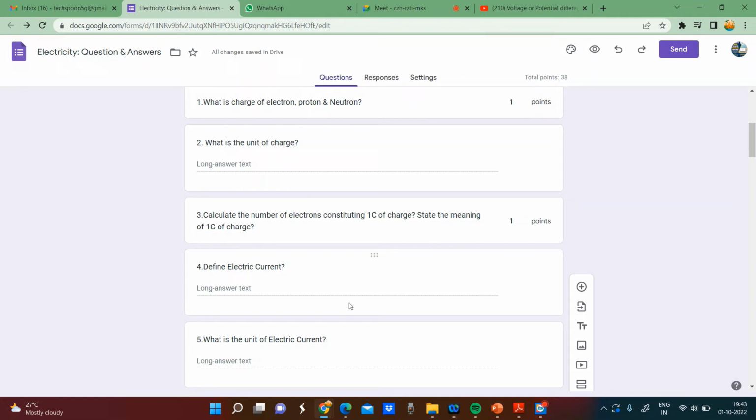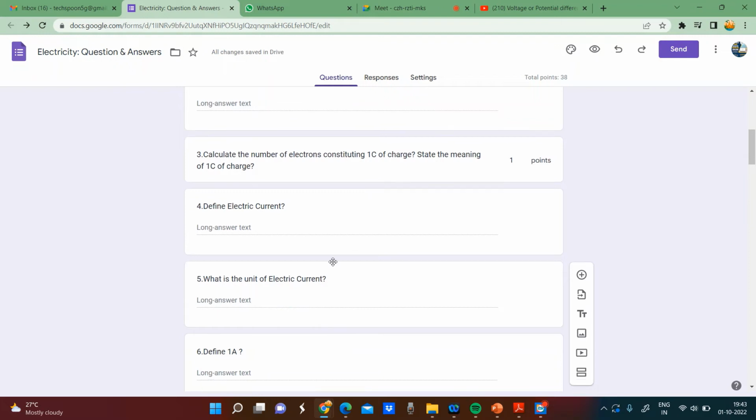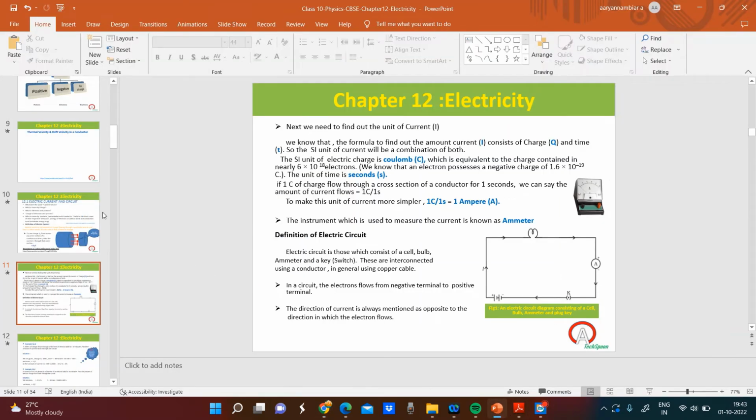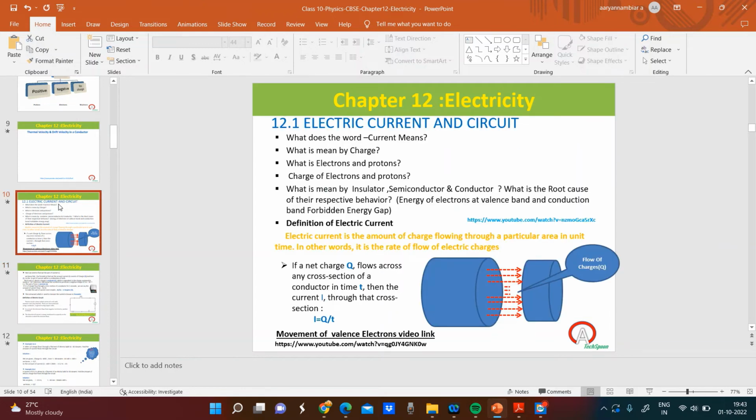Fourth question was define electric current. Write down the answer.